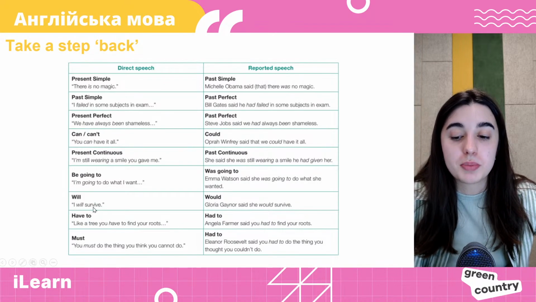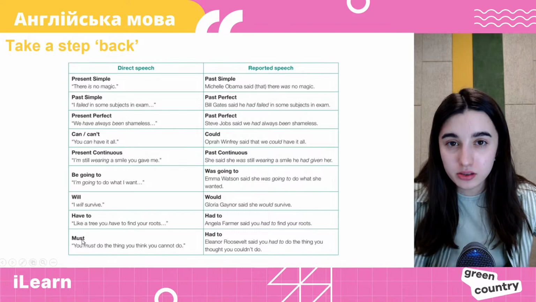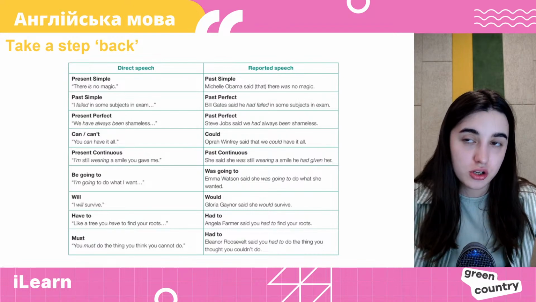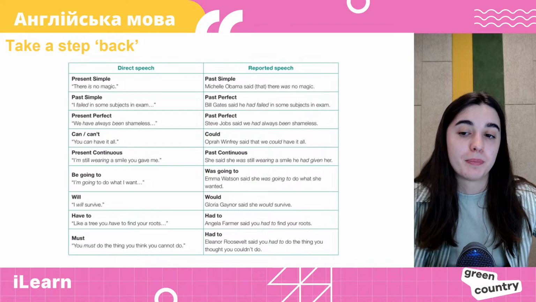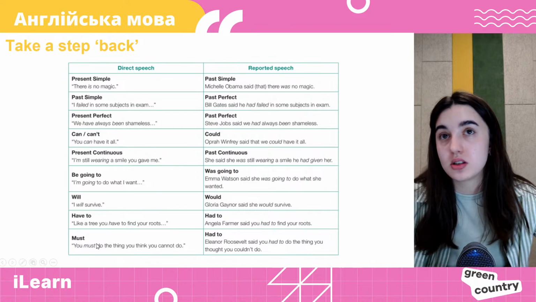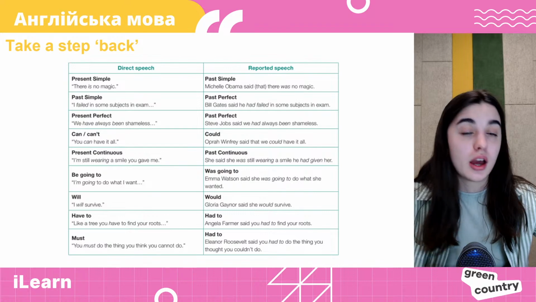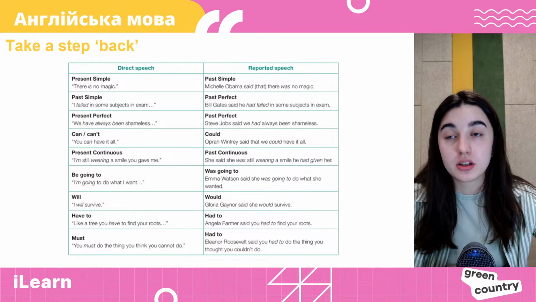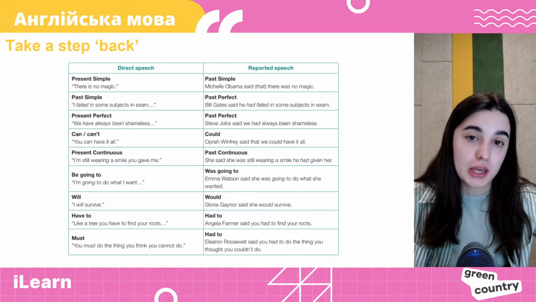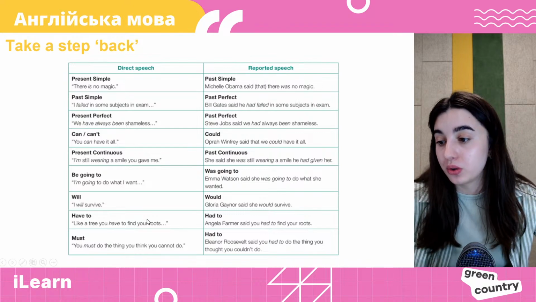And also please pay your attention that we have mustn't, and mustn't doesn't change into past, into reported speech. So if you say you mustn't paint the walls, I don't know, my mother said that you mustn't paint the walls. So there we don't change.